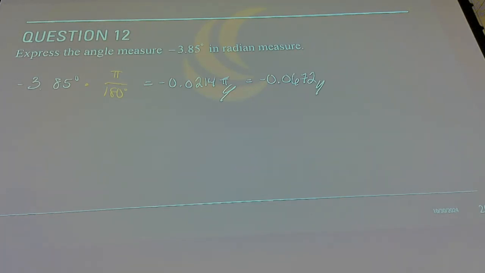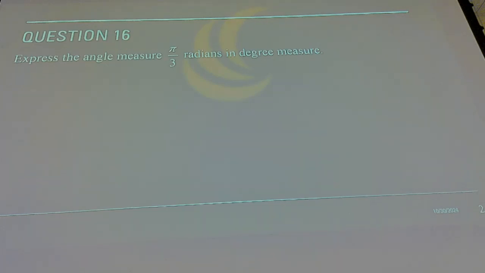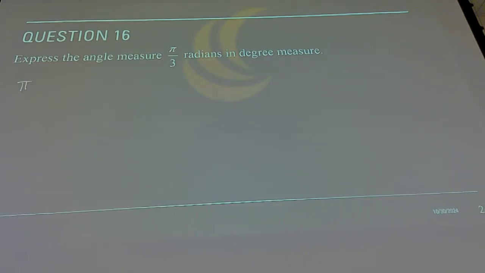Let's go radians to degrees. What's the conversion factor to go from radians to degrees? That's just 180 degrees over pi, right?